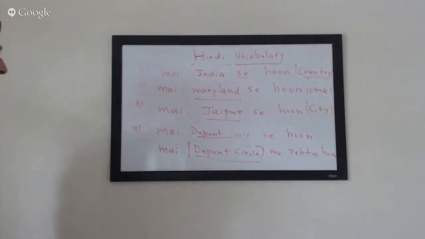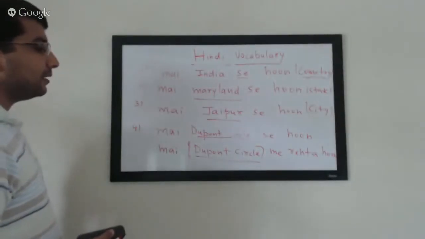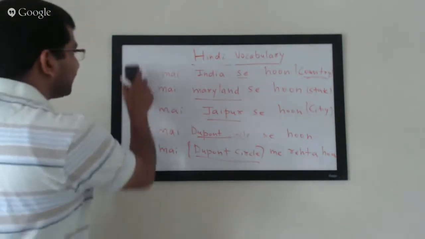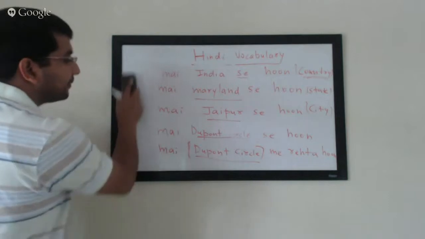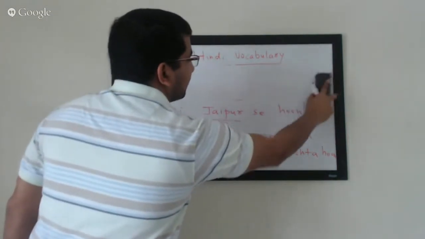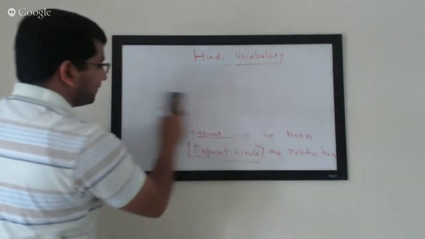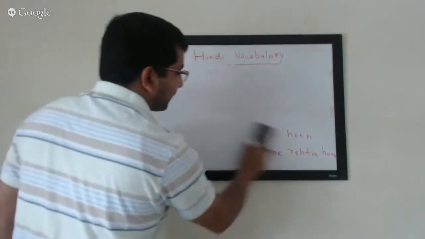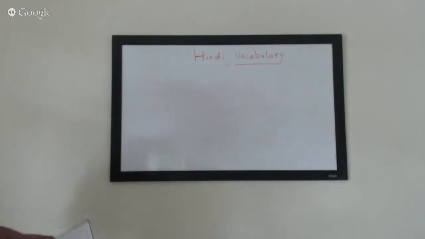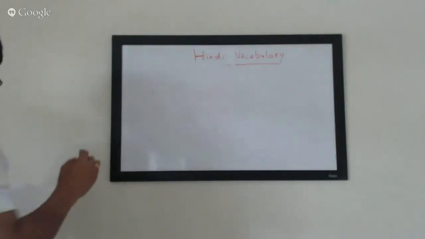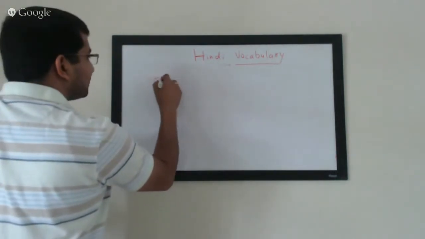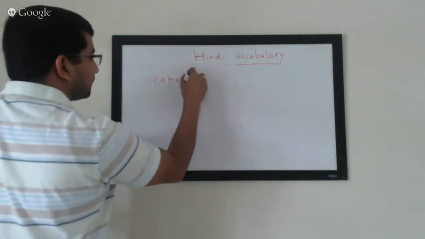So let's take some more vocabulary words which are not directly related to demographics, but in my opinion are still helpful. Okay, so the two new keywords that I have are seaport and beach.